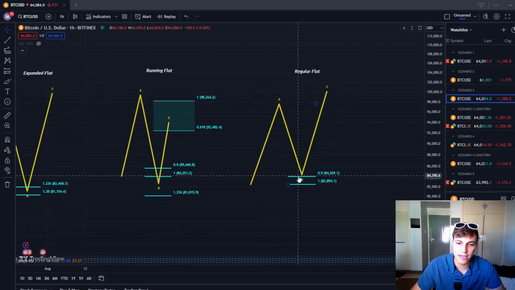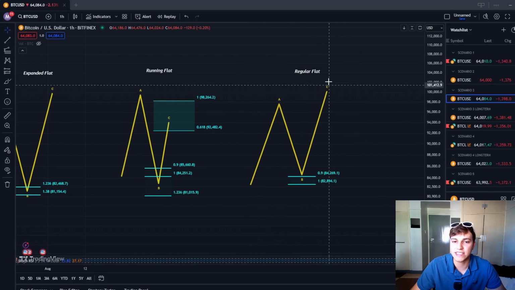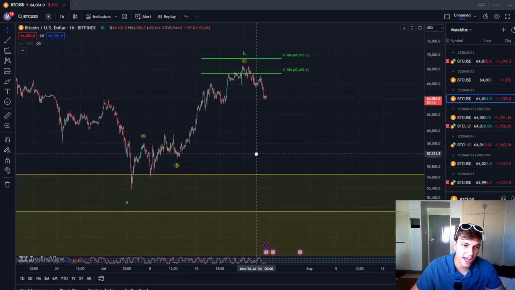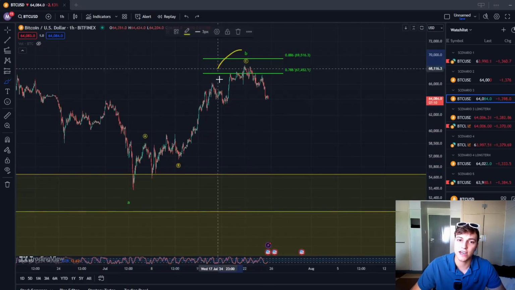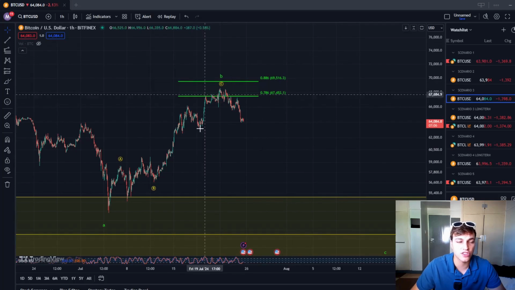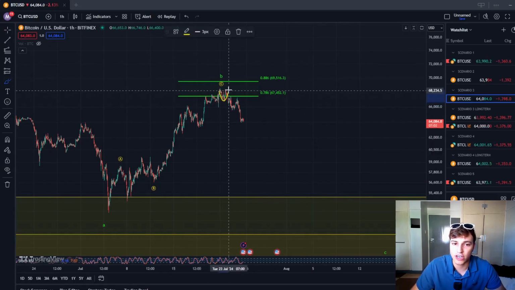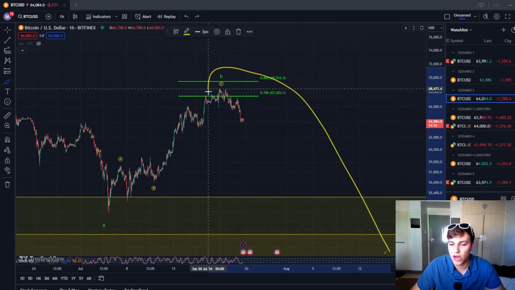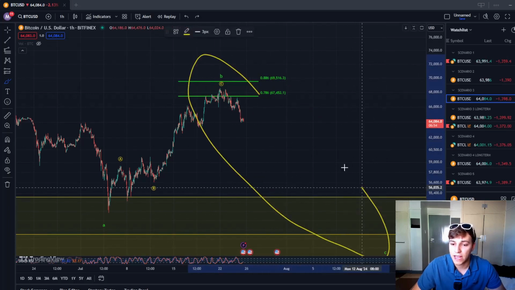A normal ABC structure where B does not take the low of A and C does expand above A. This is a simple zigzag, and this does occur here, A, B, and C, hitting our perfect target for the B wave. Now if this is your main scenario, we should start seeing impulsive structures to the downside, much bigger than that, to make a lower degree high, a lower degree low.